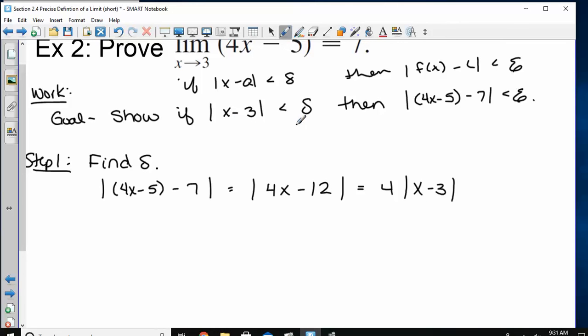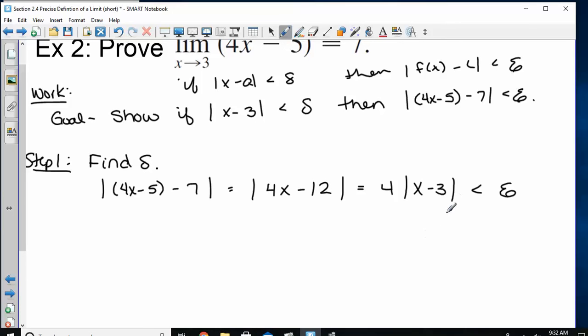That's right there. I need that to be less than delta, right? So we're working backwards from this, which is our end goal. I know that is less than epsilon, because we already said at the very beginning this will be less than epsilon.